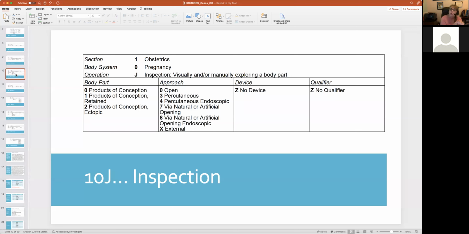Okay, so they're going to visualize the products of conception and make sure everything is okay, or they may make sure that, oh, yes, the reason why this woman postpartum after the birth is having a pain or having a fever is there are still retained products of conception, or perhaps this is an ectopic pregnancy.